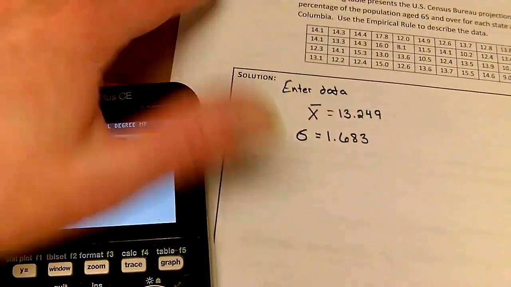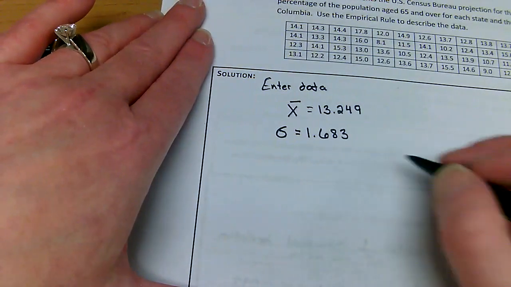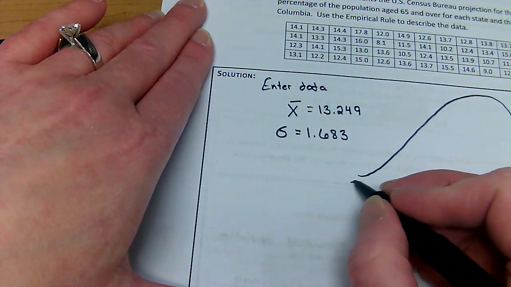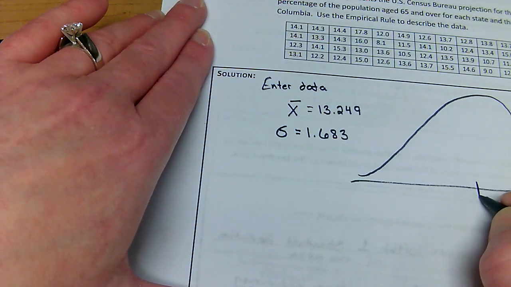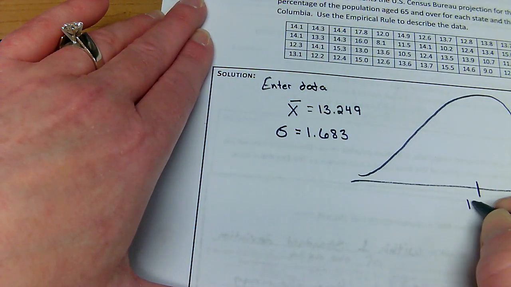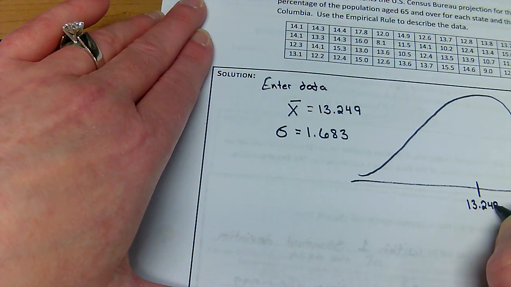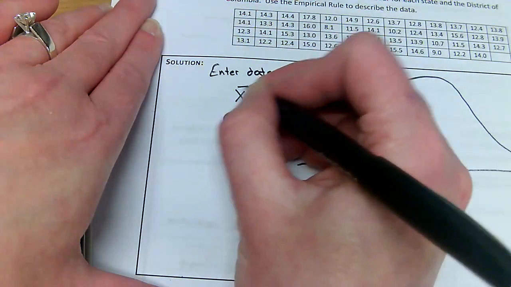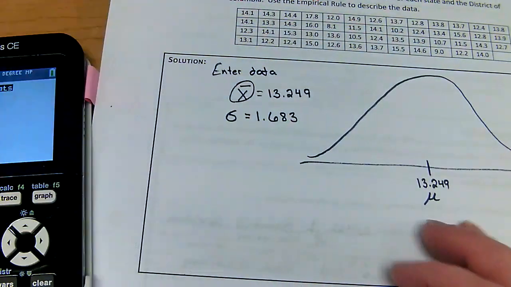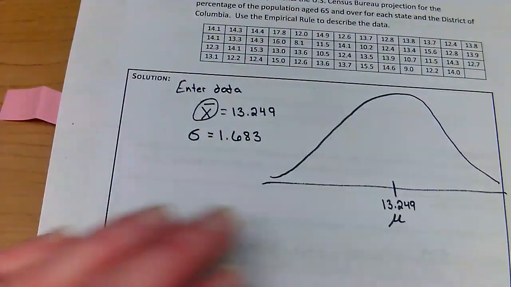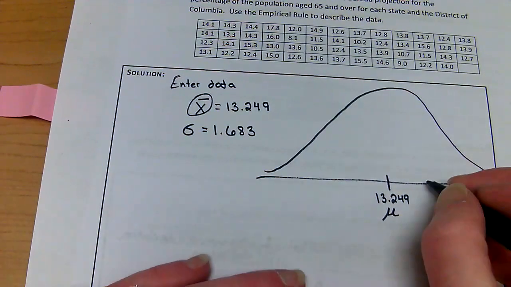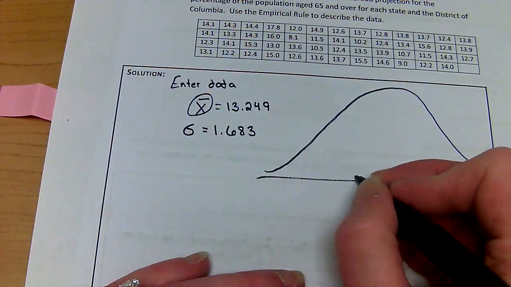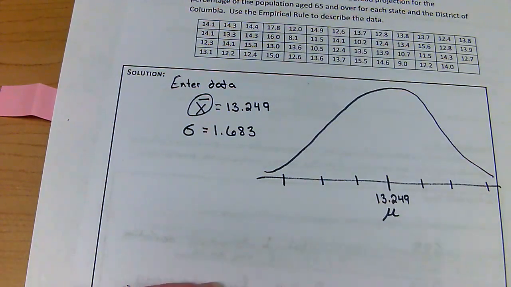So what I want to think about is what's happening here. If I were drawing this, right in the middle would be my mean. And technically that would actually be this mean because it's really the population. In the calculator, it's showing up as x bar, but this was coming from an entire population. I'm going to count out 3 standard deviations: 1, 2, 3, 1, 2, 3.